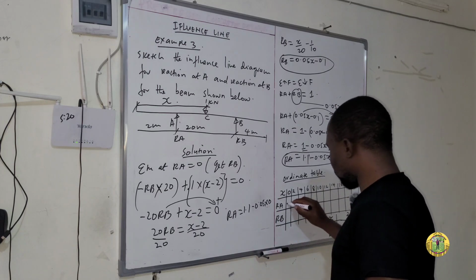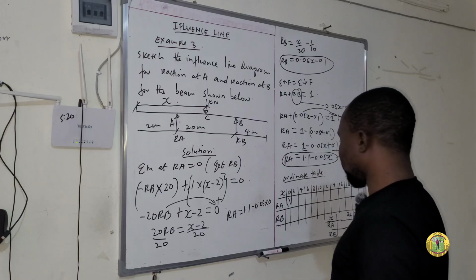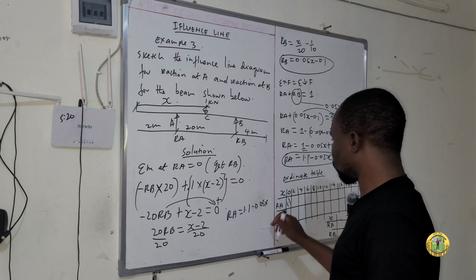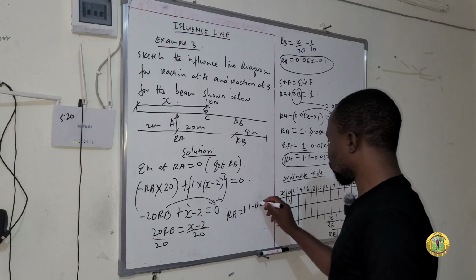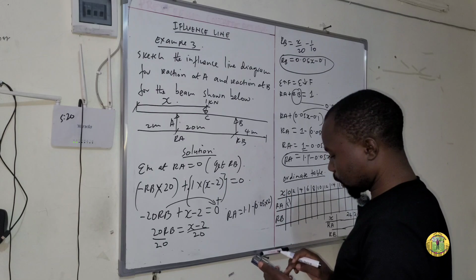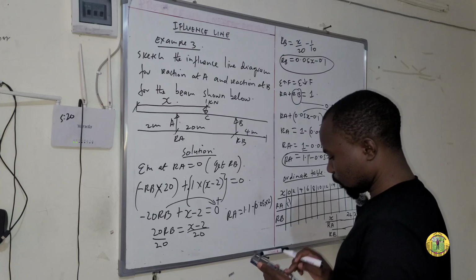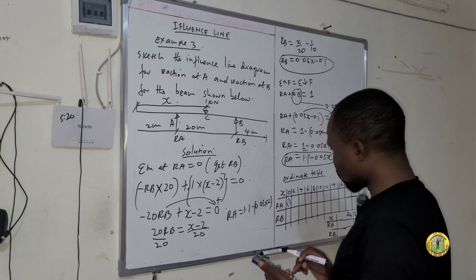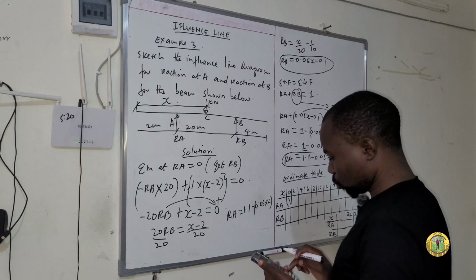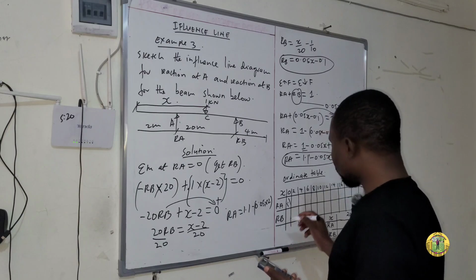So here it will be 1.1. And then you come to 2. So this is 2. So 1.1 minus 0.05 times 2. So here is 1.